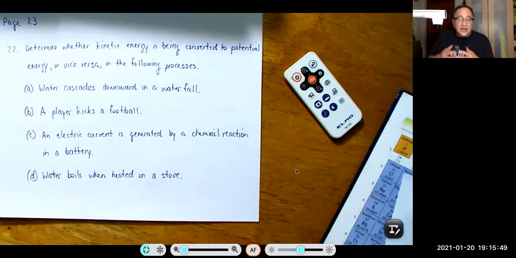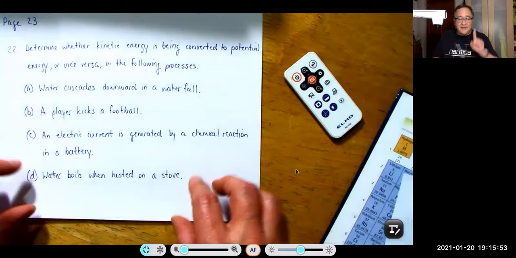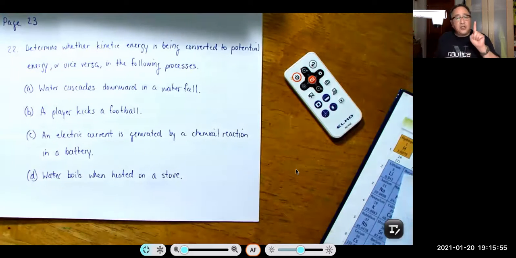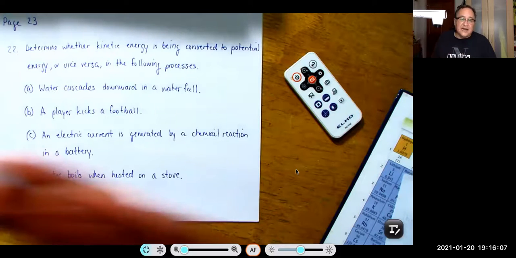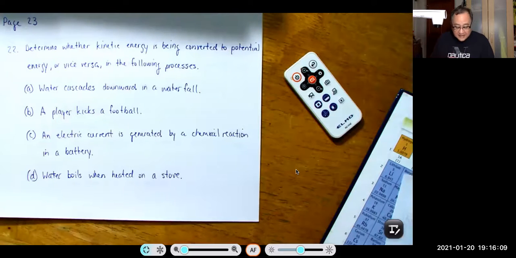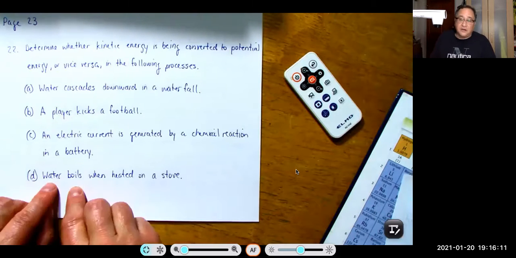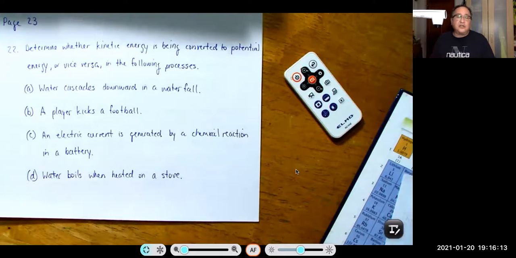It's stored chemical energy. So if you add gas to this equation, you could say the gas is definitely stored energy. The potential lies in the chemical bonds of the gas. And when it reaches the burner, it turns into kinetic energy. And that kinetic energy is used to boil the water. So definitely you can look at it that way.